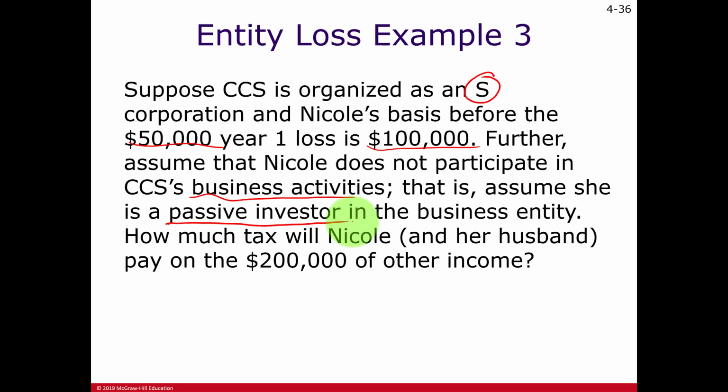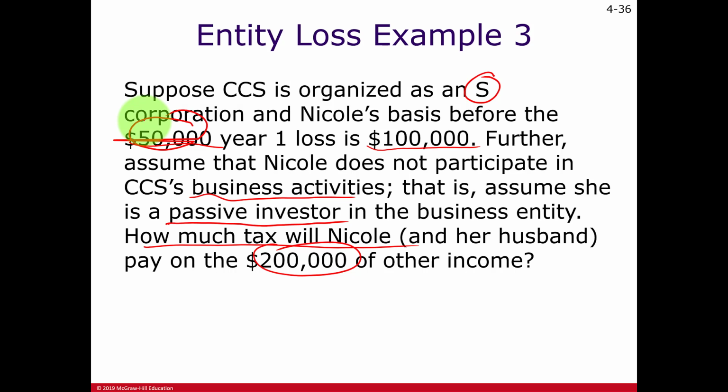So the question now is how much will they pay in taxes, Nicole and her husband? Again, the husband has the 200,000. They have the same $50,000 loss, but this time the loss is not an active business loss, but a passive loss.